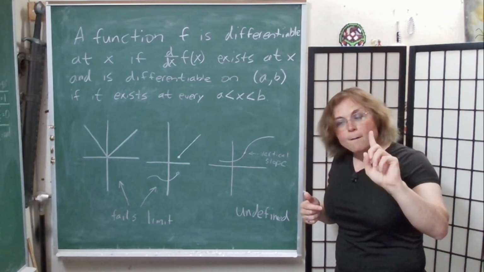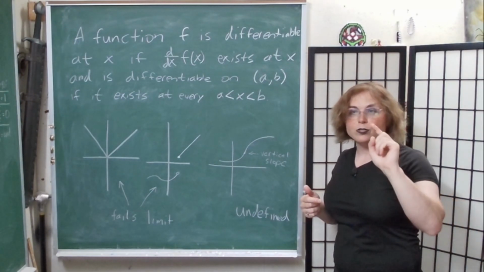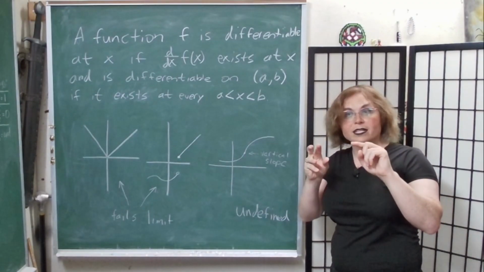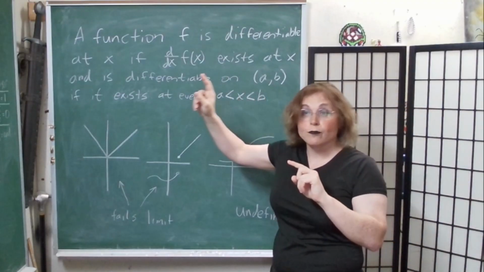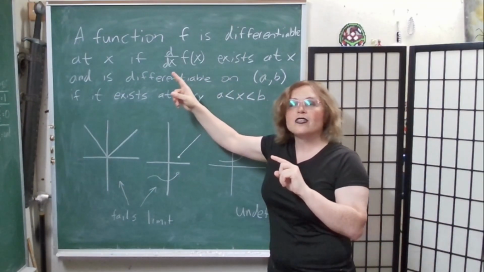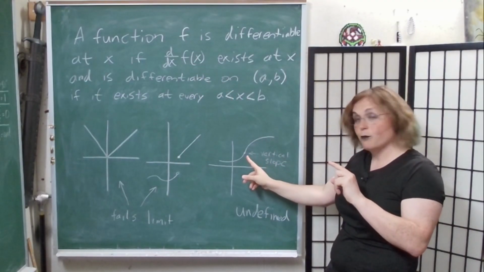And remember, we take the limit as h approaches 0, but the x at that point is still 0 because we're not talking about the original function anymore. We're talking about the f prime. And so the x in the derivative would still be 0 at this point.